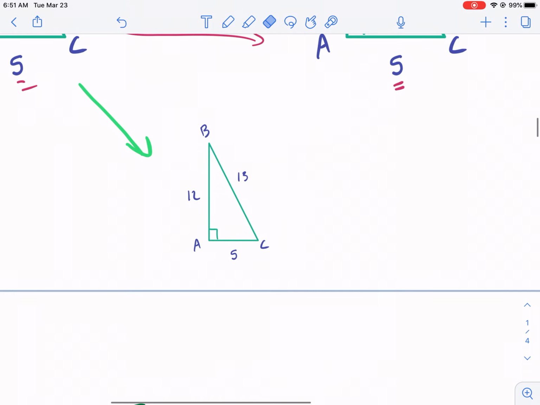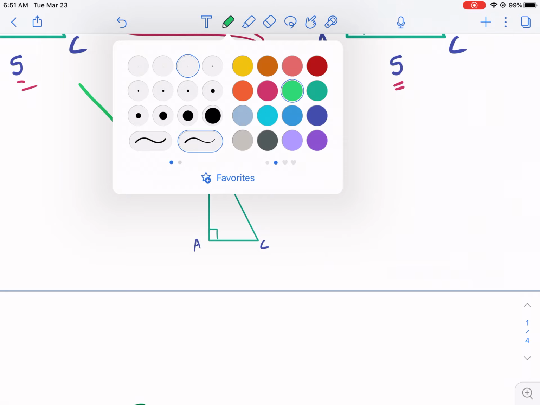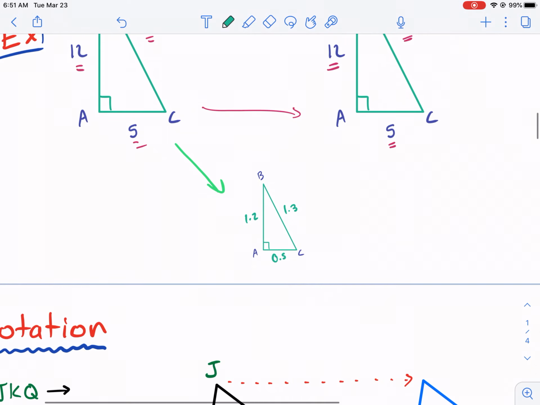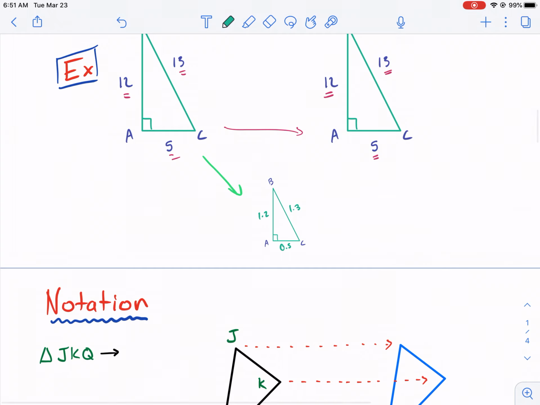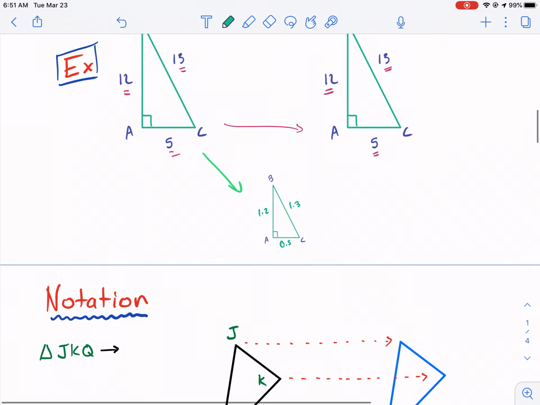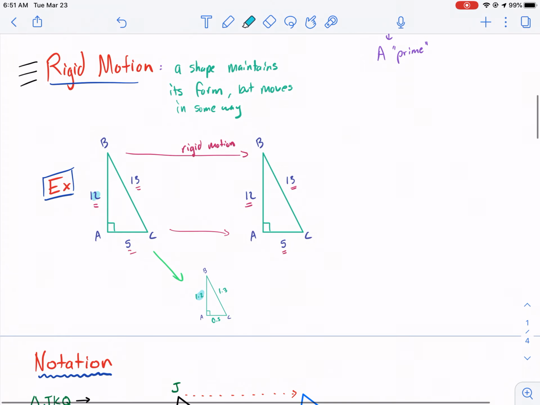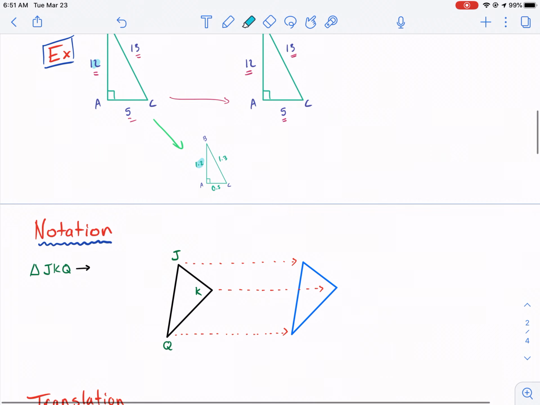So now we have different dimensions, and I'll just call it 0.5, 1.2, and then 1.3. Let's say it goes into those dimensions. Well, this clearly has changed. Those sides are no longer the same length, so it has undergone a non-rigid motion. It hasn't maintained its form. It got stretched out.